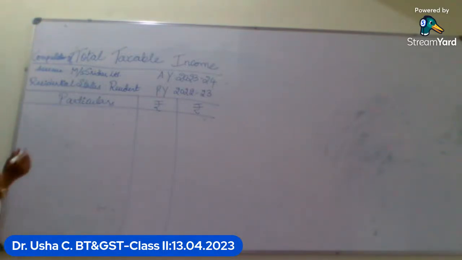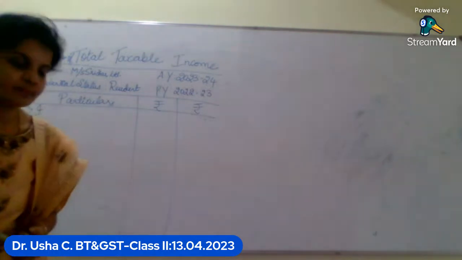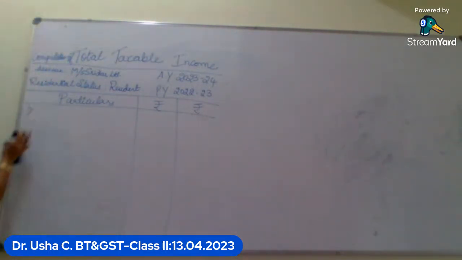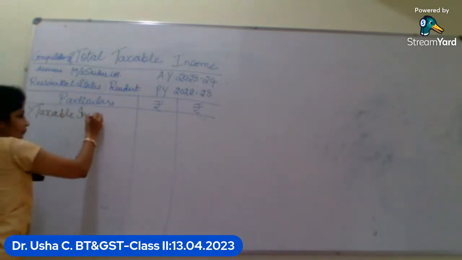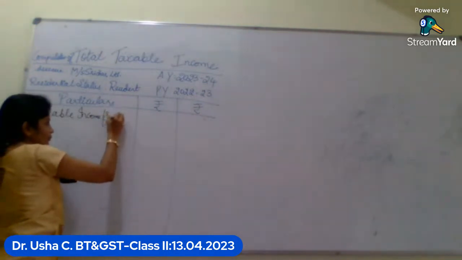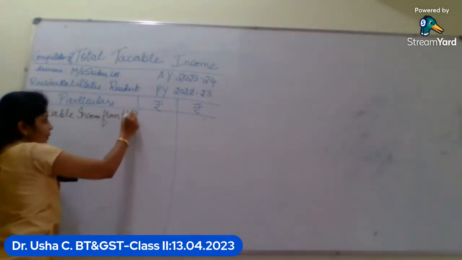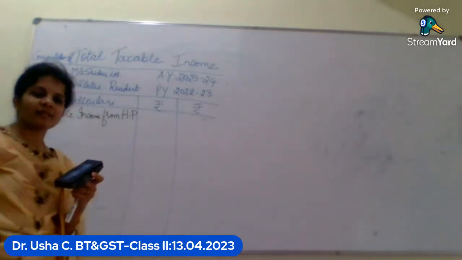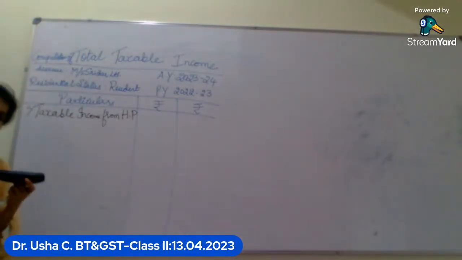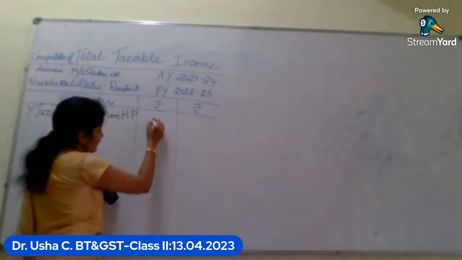Okay. First, which item do we have to take? That is taxable income from house property. Is there any information relating to the taxable income from house property? They have not given any information. So what can we do?